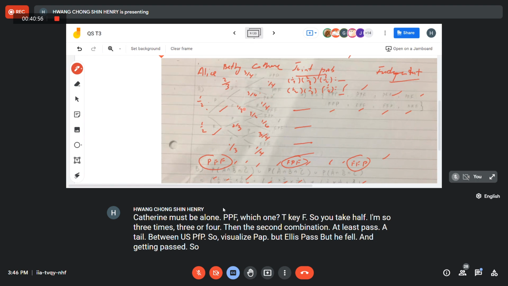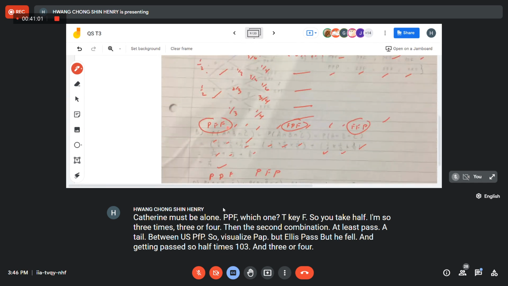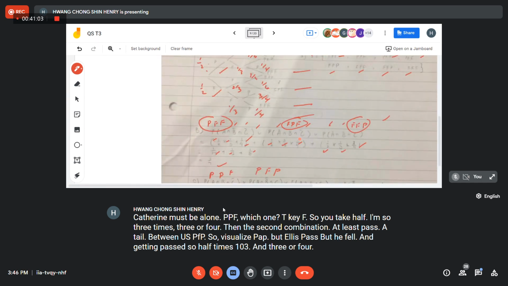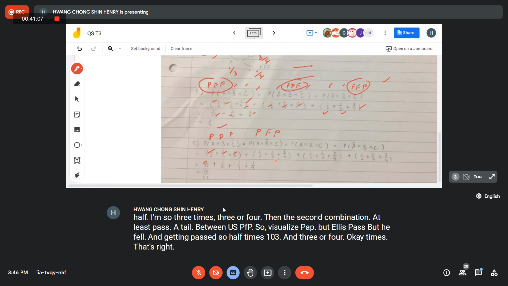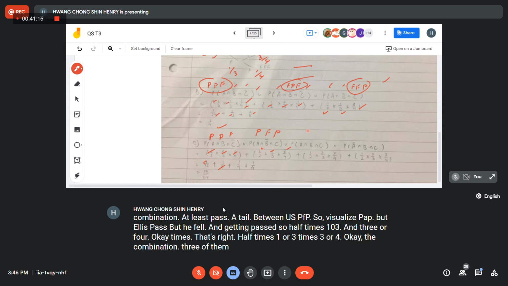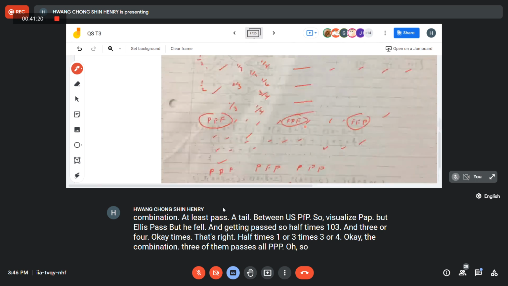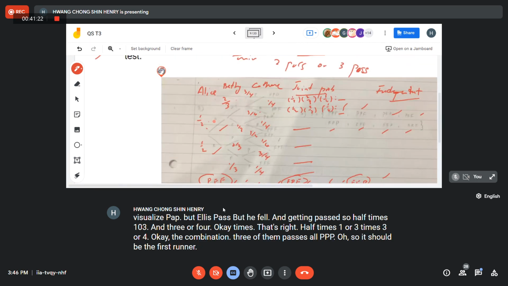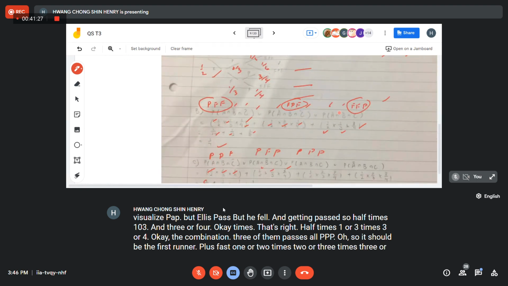So half times 1/3 times 3/4. Okay, the third combination, three of them pass also. PPP. So it should be the first one, no? Pass, pass, pass. 1/2 times 2/3 times 3/4.